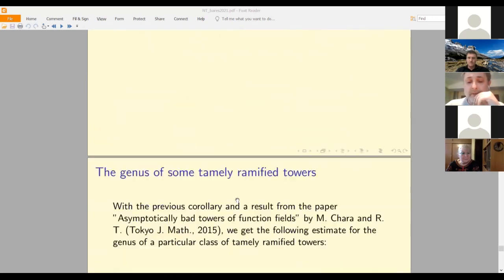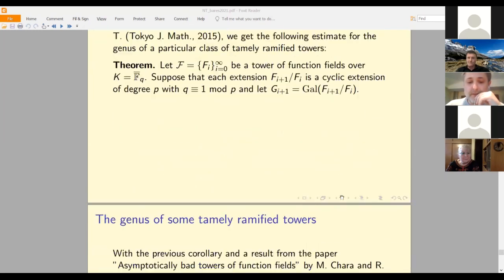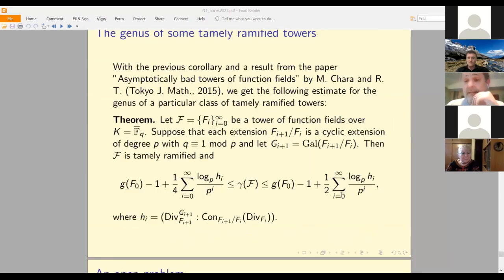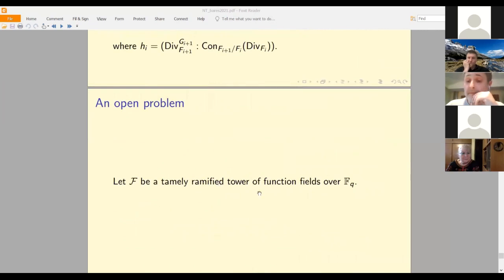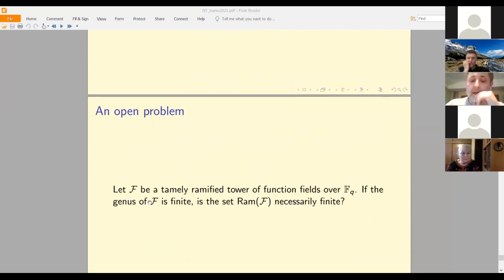So with this formula, at the end of this talk, maybe there is some hope to study one of the questions that has been open for several years, which is the following one. If you have a totally ramified tower of function fields over F_q, and the genus is finite, is the ramification locus necessarily a finite set?